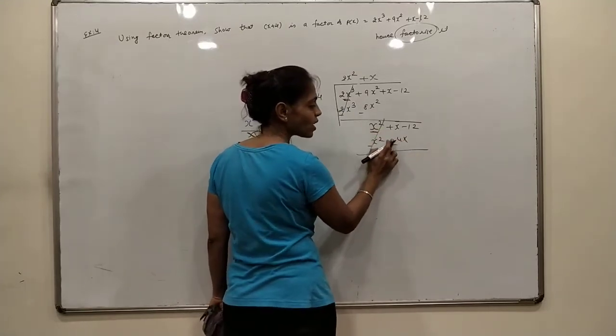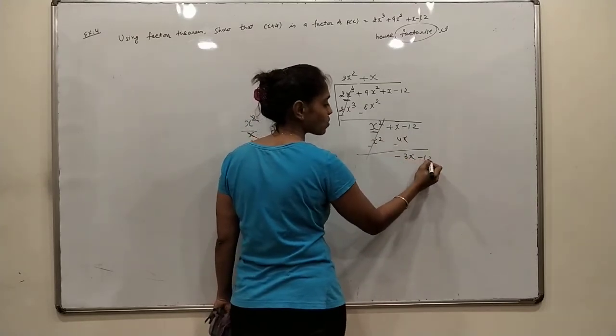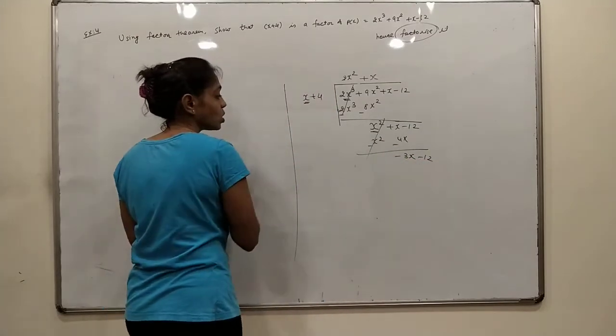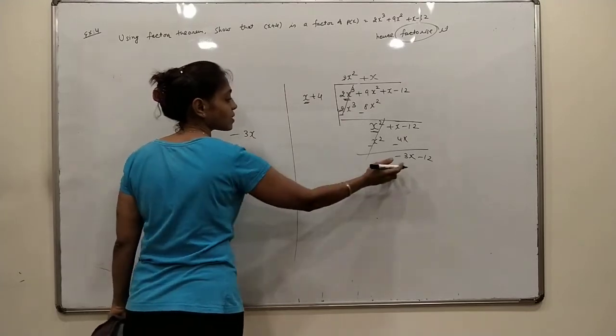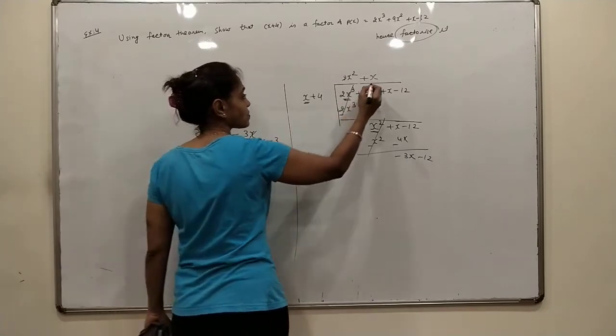So look at the lower sign: plus x minus 4x is minus 3x minus 12, right? So I need minus 3x and I have x, so minus 3.